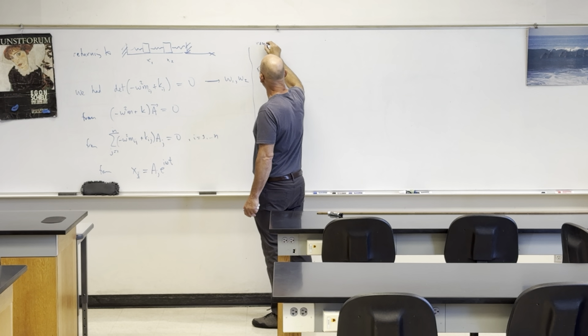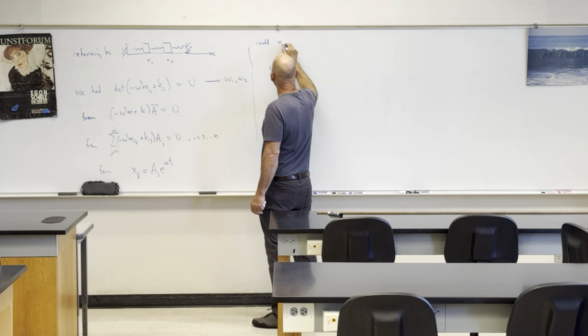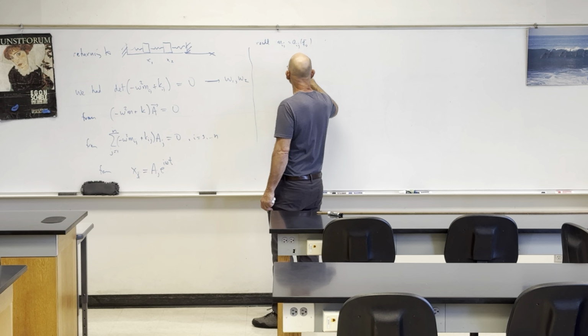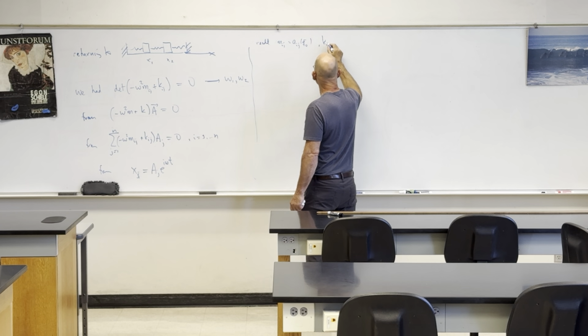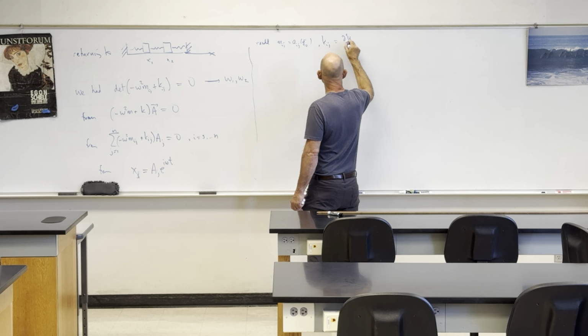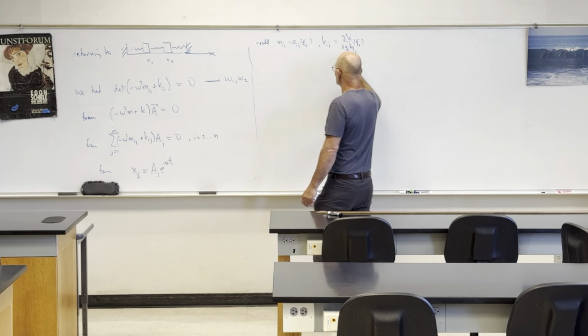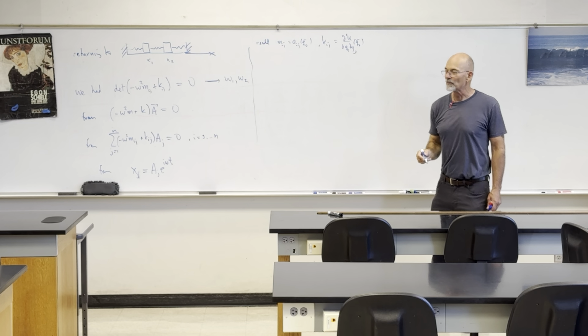And also recall that Mij was Aij of Q0, at equilibrium, Kij was d squared u dqi dqj at equilibrium. So there's the complete recipe for this whole program.